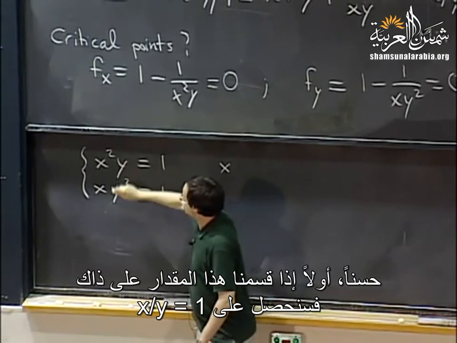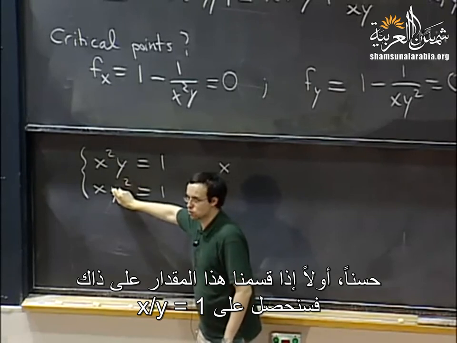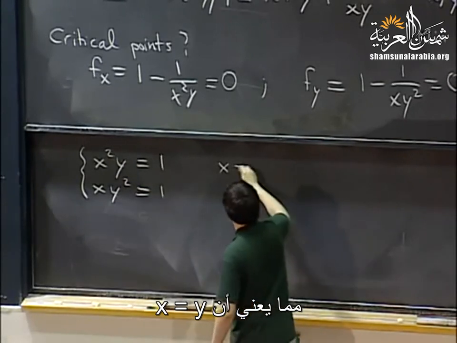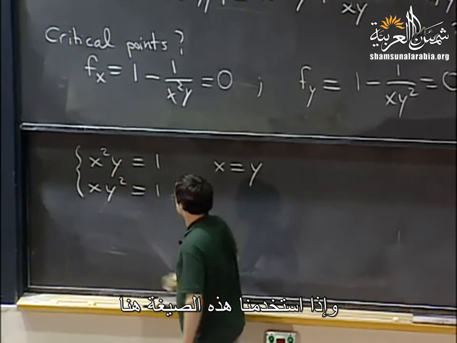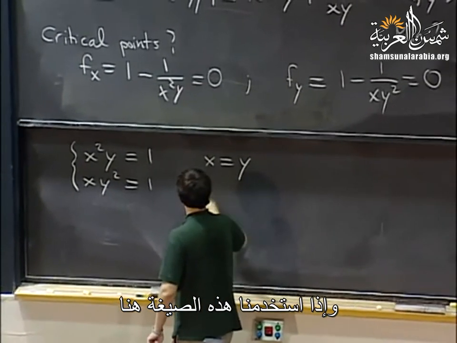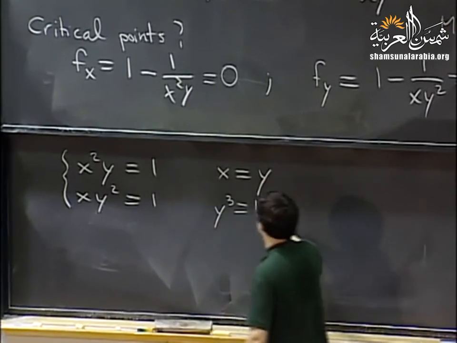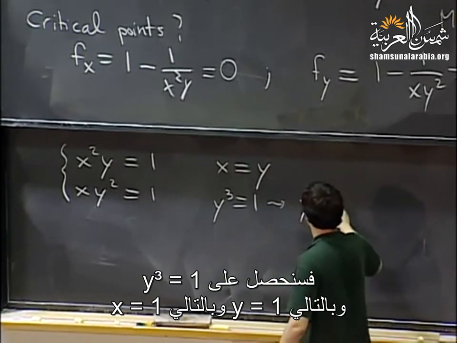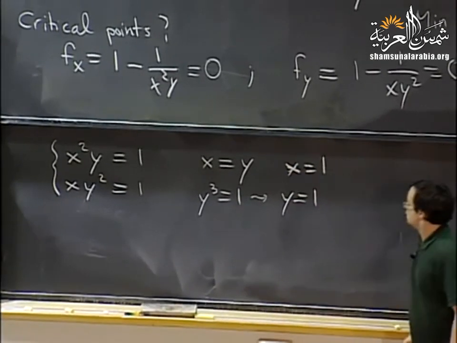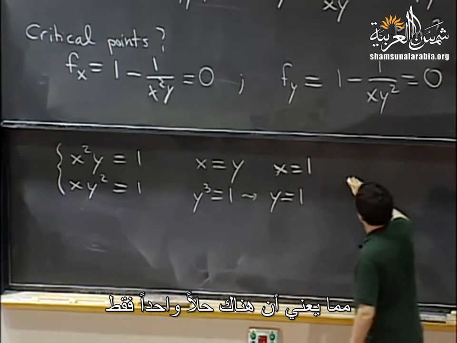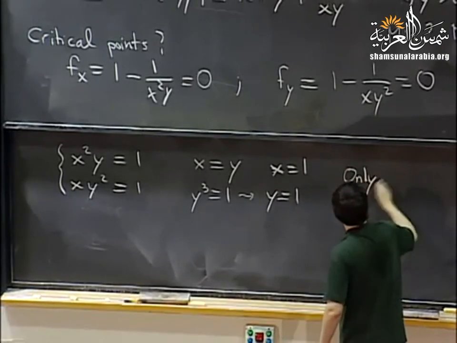So first, if I divide this one by that one, I get x over y equals 1, so that tells me x equals y. And then if x equals y, and I put that into here, it will give me y cubed equals 1, which tells me y equals 1, and therefore x equals 1 as well. So there's only one solution.